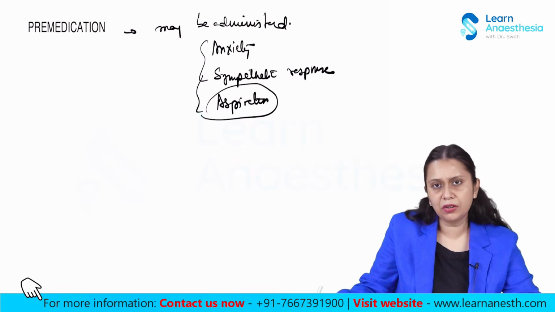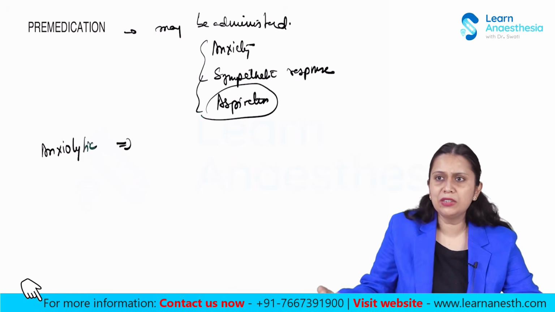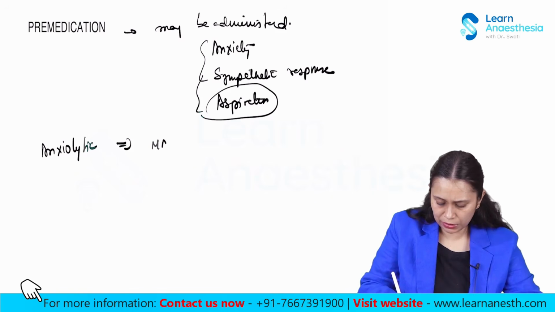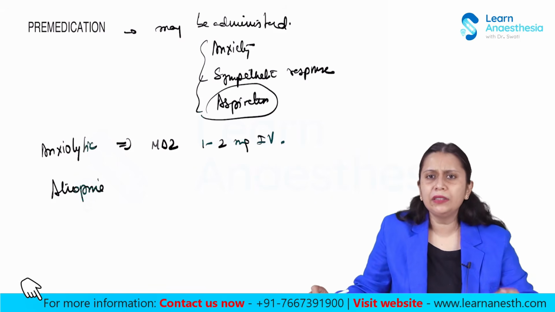Okay, so what are the drugs that we give? What anxiolytic can we give prior to RSI? Midazolam would be perfect. So midazolam 1 to 2 milligram IV is what we need to give. Then atropine, whether I need to give it or not. Routinely, I never pre-medicate my patient with atropine prior to elective induction and intubation.